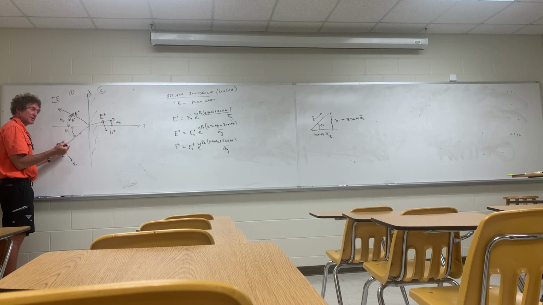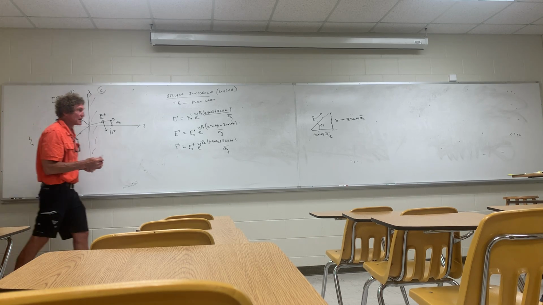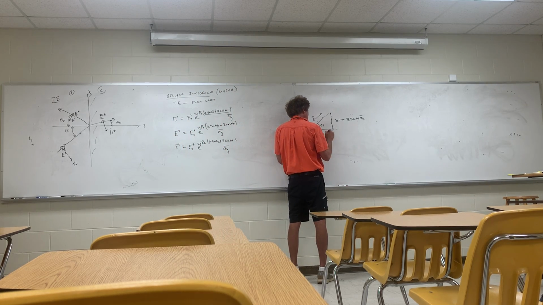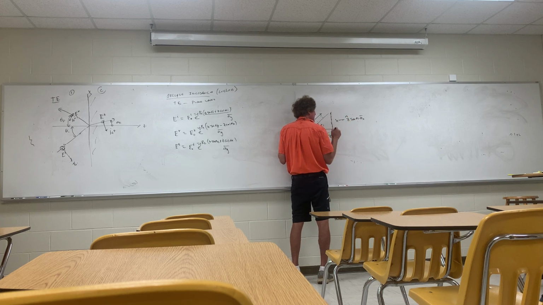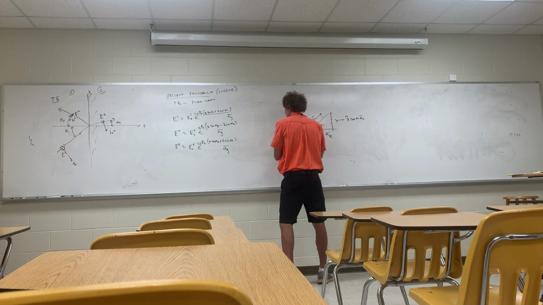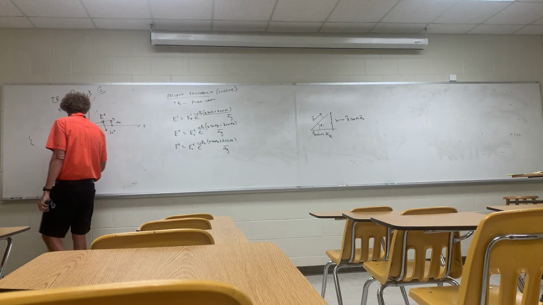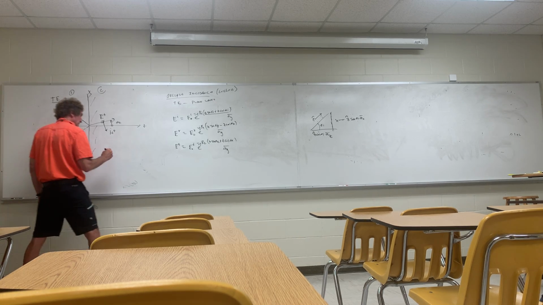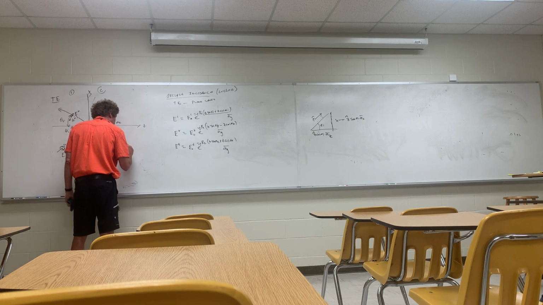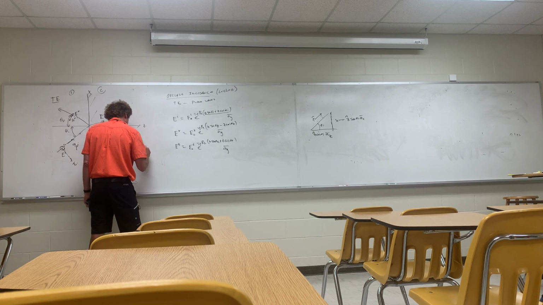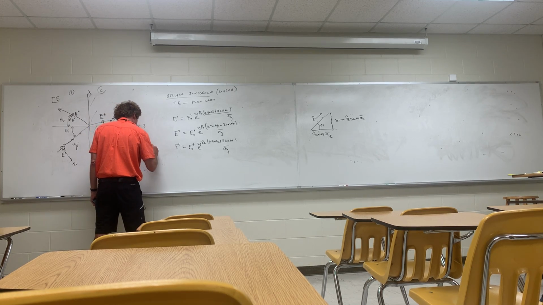Follow me as it's propagating. You increment time, it's going to propagate this way. The z component would be this z hat times cosine. The x component would be z hat times the sine of that. And a unit vector in the direction of propagation, this is important. The unit vector in the direction of propagation for the incident field would be equal to cosine of theta incident a_z plus sine of theta incident a_x.